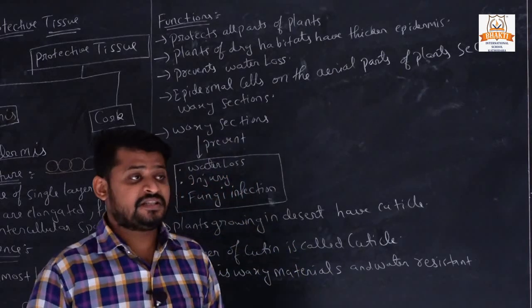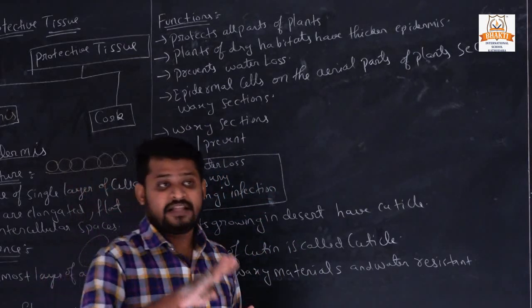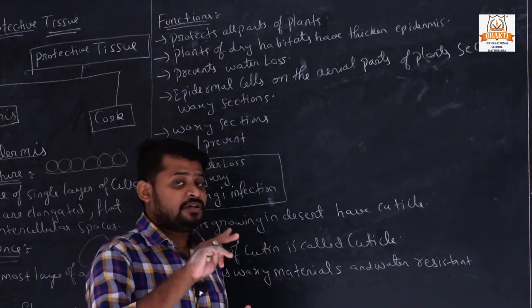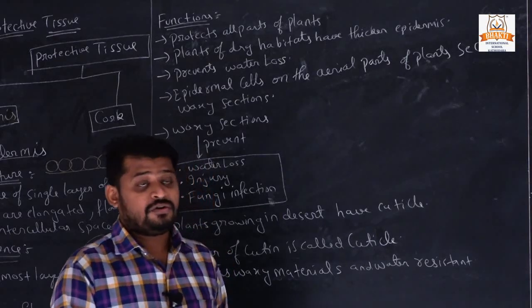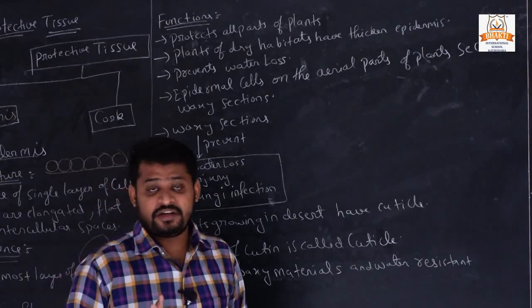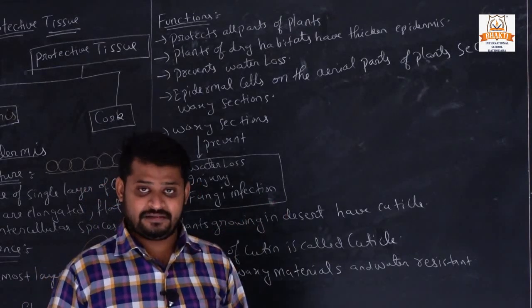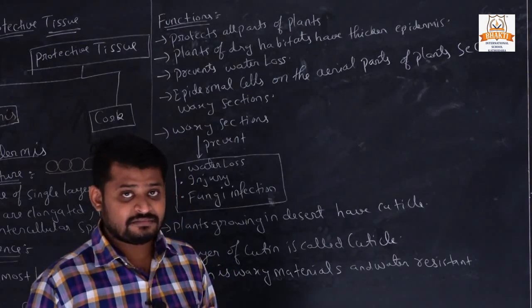Why? Because the atmosphere of a hot place is very hot, right? The dry place is a very hot condition, so the plant will continuously lose its water. It doesn't have enough water, it will lose and gain again, so it will die.